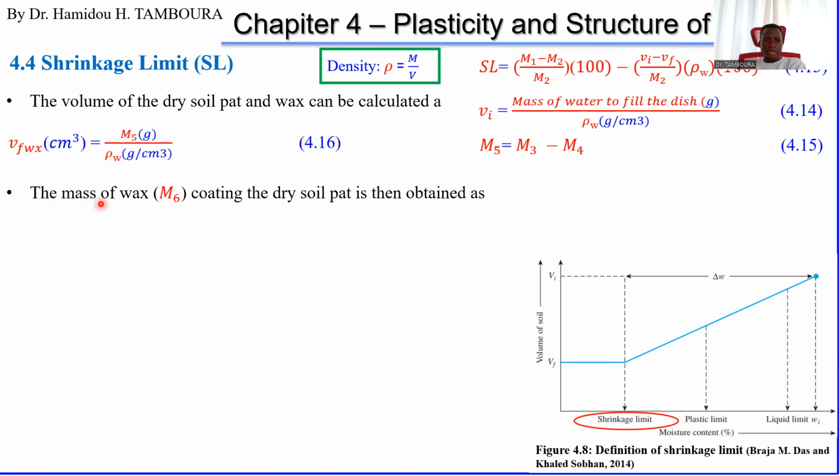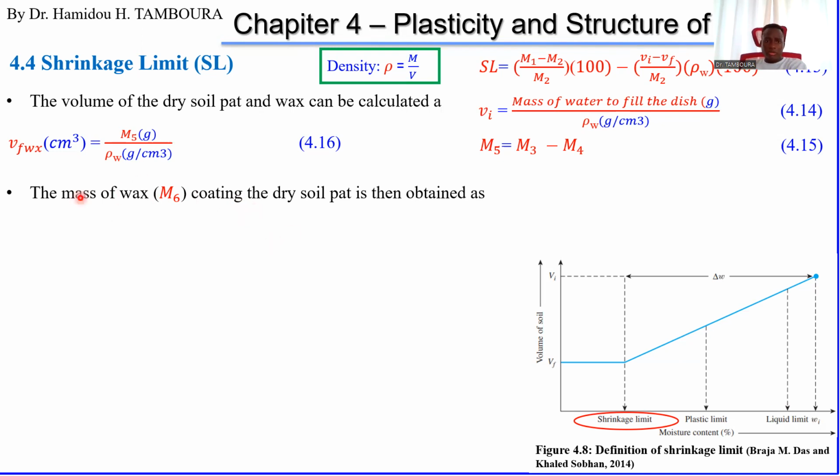Now we go for the mass. The mass of the wax that is coating the dry soil, because we need to remove that mass to obtain the mass of the dry soil. You need only the mass of the dry soil.